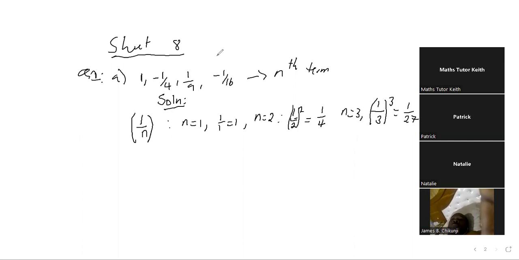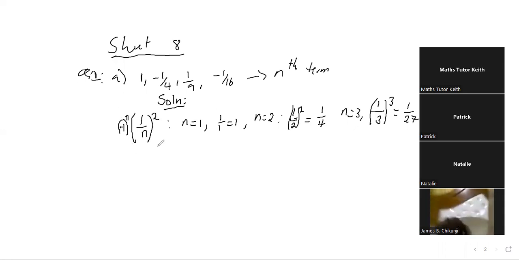So we put 2 here. But before that, because of the alternating one, I will need to have a -1 to the power n. Like that.